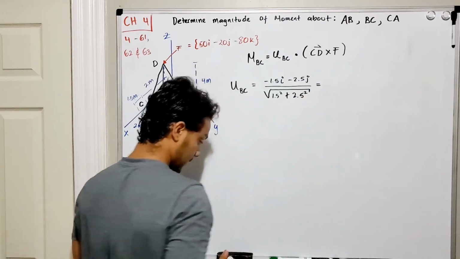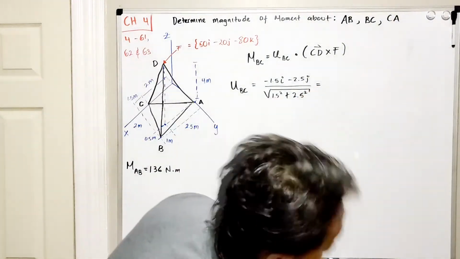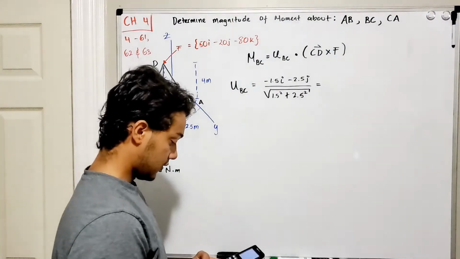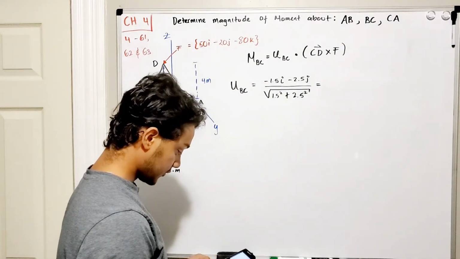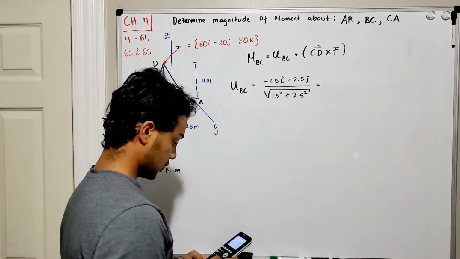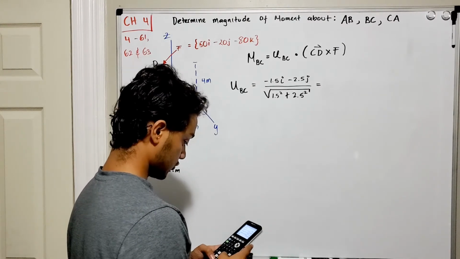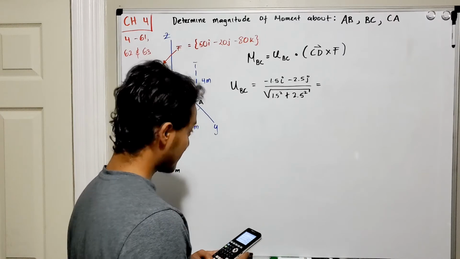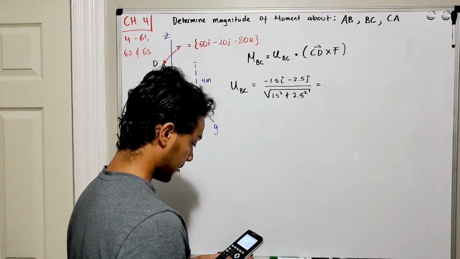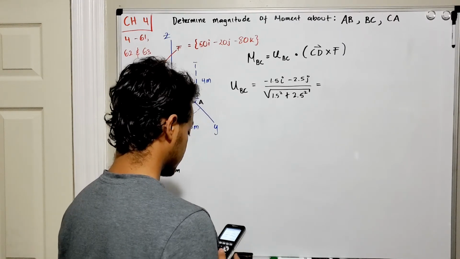Okay? So if we do this with our calculator, we'll find out that first of all, let's do the square root. So square root of 1.5 squared plus 2.5 squared. That gives a total of 2.9.